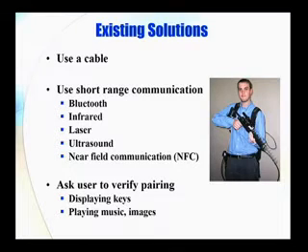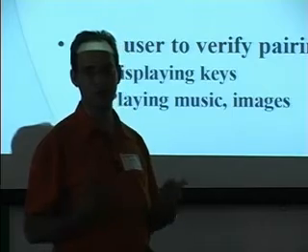So you may be asking yourself about this image over here. That, as it turns out, is a device called the Blue Sniper Rifle, developed by the Flexilis group. Although it looks like a rifle, it's really not a rifle. It's a Bluetooth device that has a really powerful directional antenna attached.